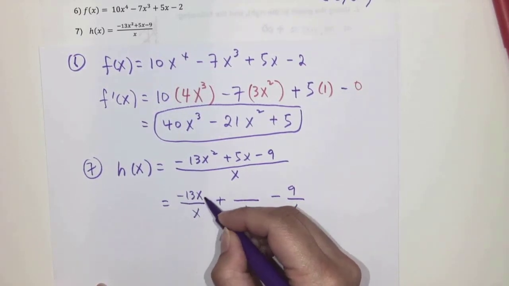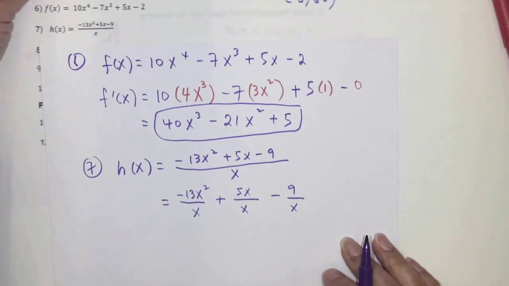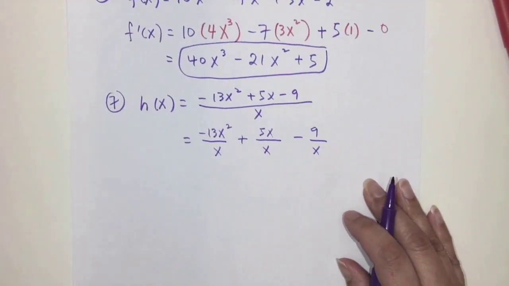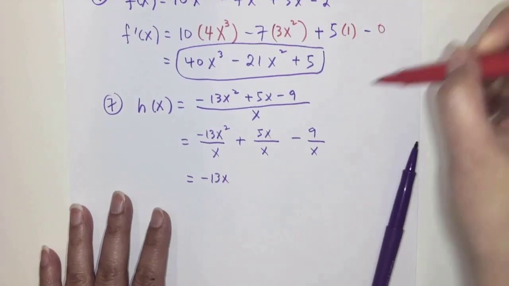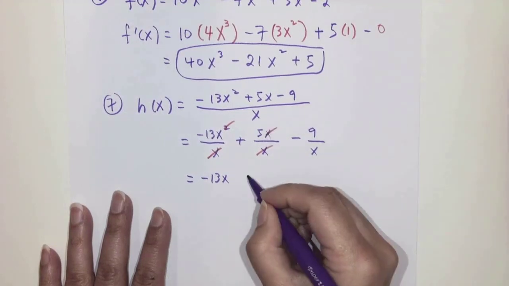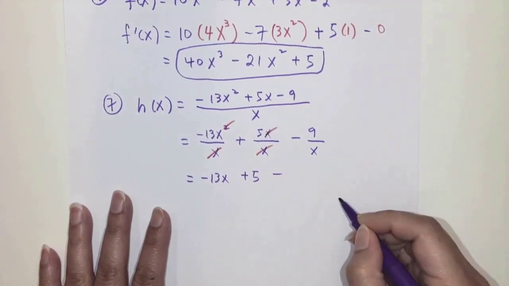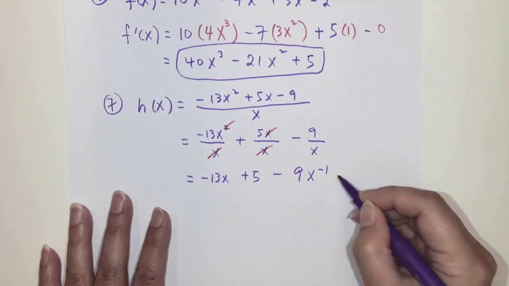First one is negative 13x squared, this is a 5x, this is a 9 over x. So we can rewrite that as, after you reduce, negative 13x, right? So you get rid of 1x and 1x. 1x and 1x, so this is plus 5. And the last one, you can write that as exponents. That would be 9x raised to negative 1, right?